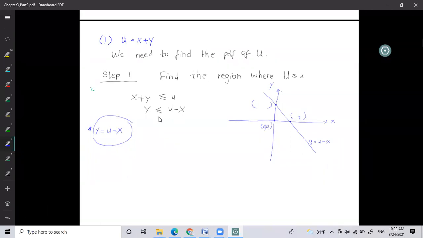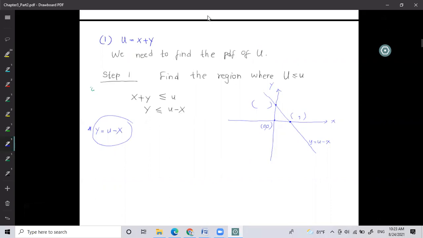Can you find the coordinate of the first point, where the line crosses the X-axis? What is the coordinate of the point where the line crosses the X-axis? You know how to find it.